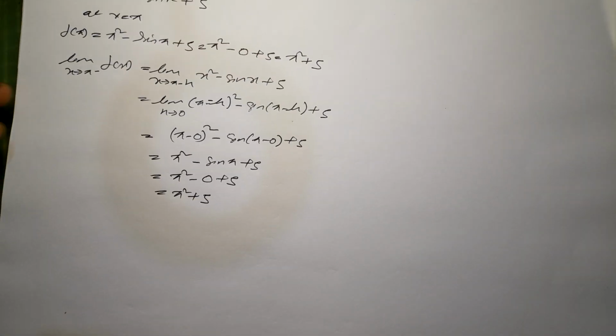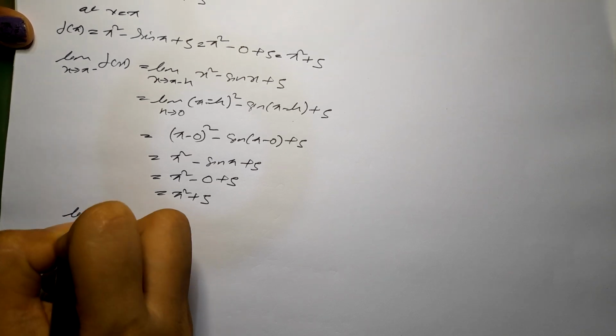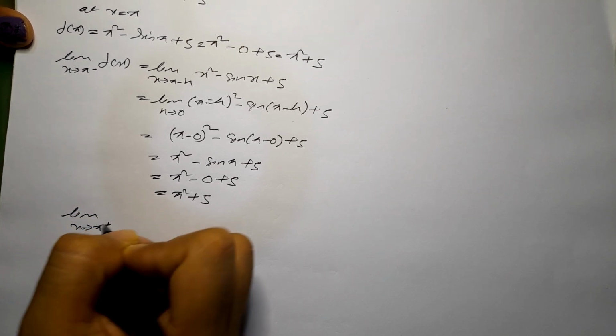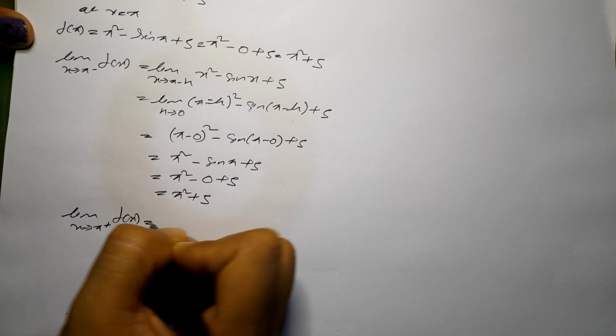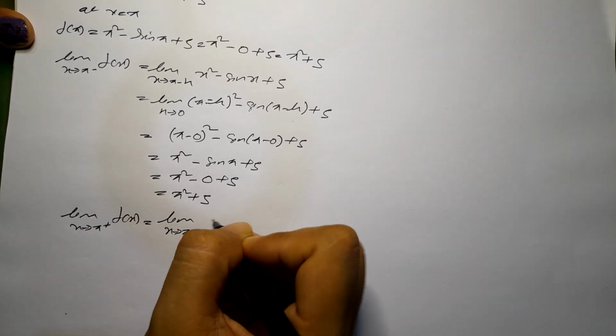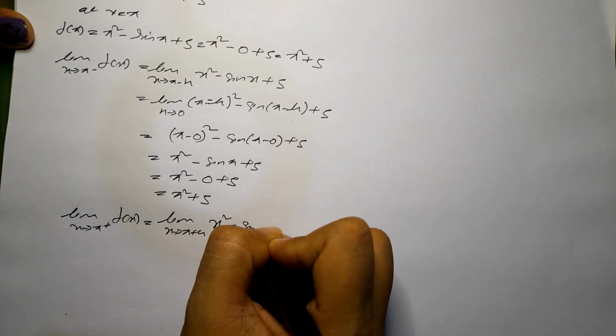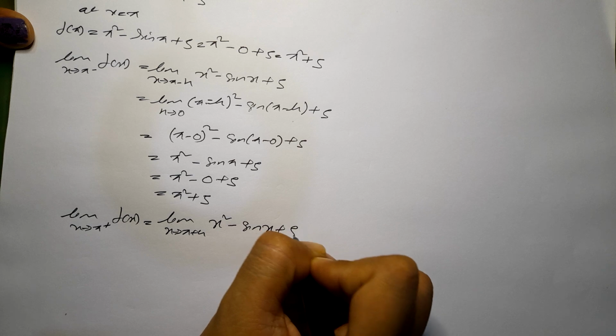Now right hand limit. Limit x tends to pi plus f of x is equal to limit x tends to pi plus h, x square minus sin x plus 5.